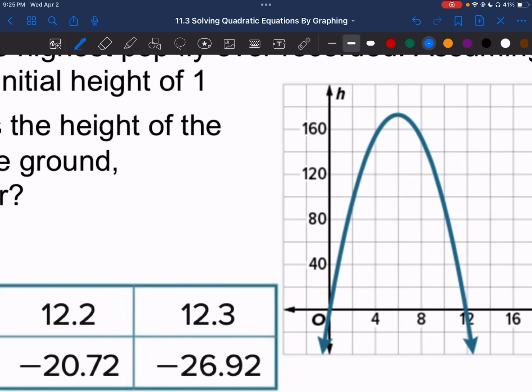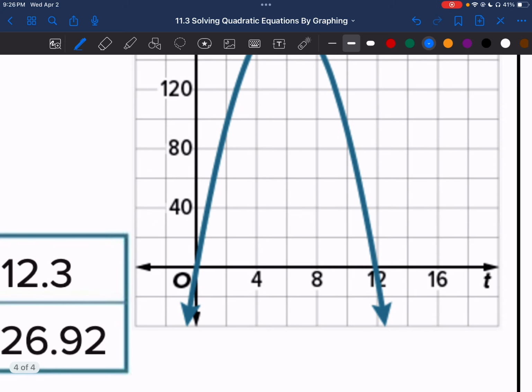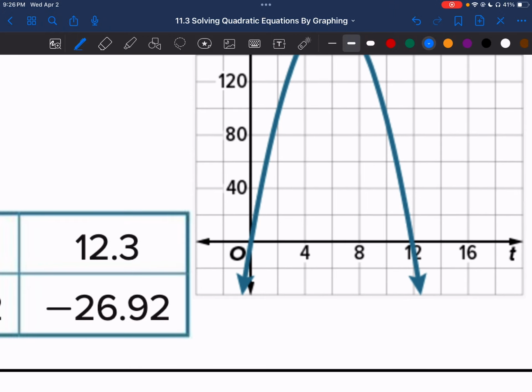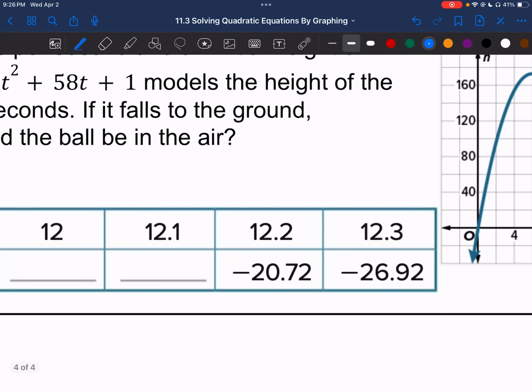So we have the graph right over here that we're going to look at. And we're not hitting places exactly, but we do have some approximations that we can work with, right? Because as I look at this, it doesn't quite seem like it's hitting exactly at 12, and 0 doesn't quite seem like it's hitting 0 either. So let's work with this and see.